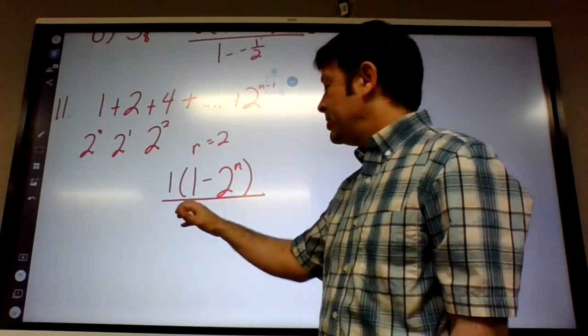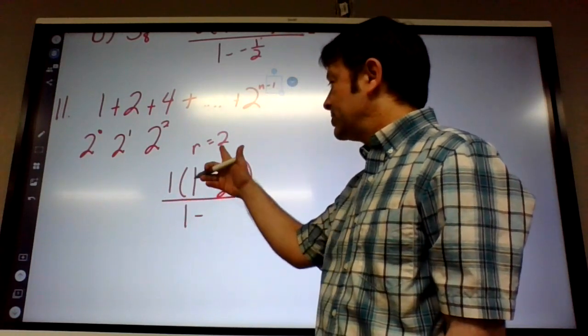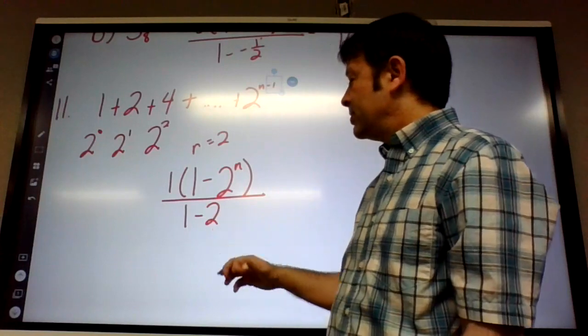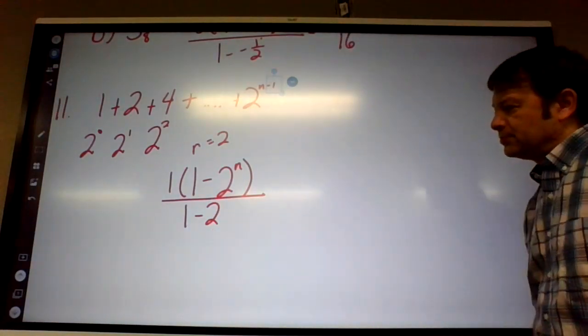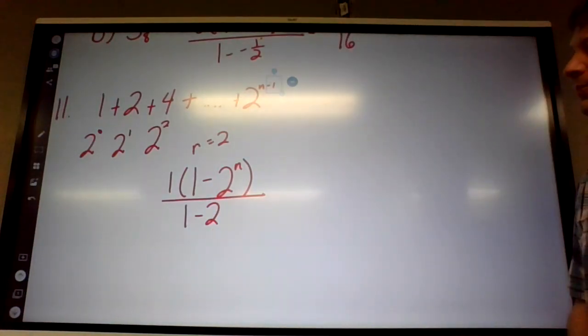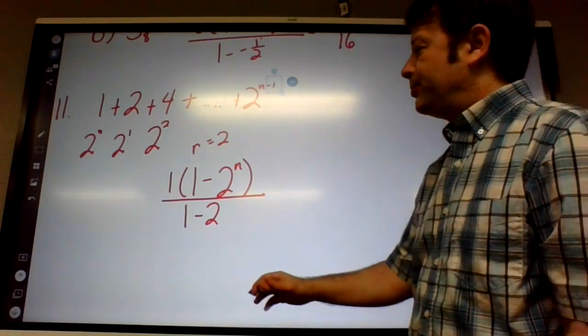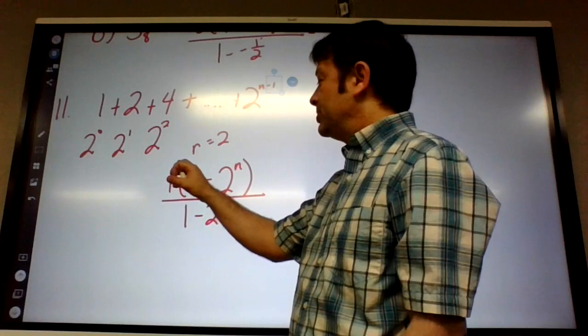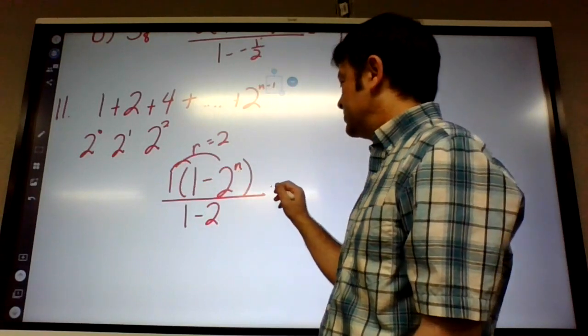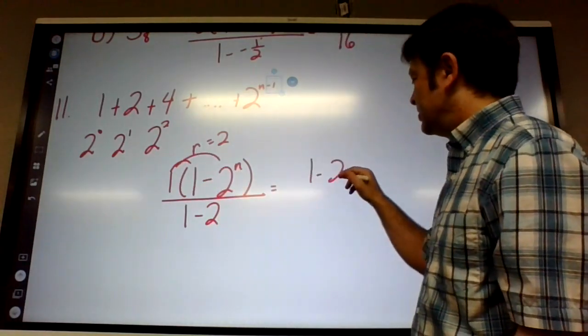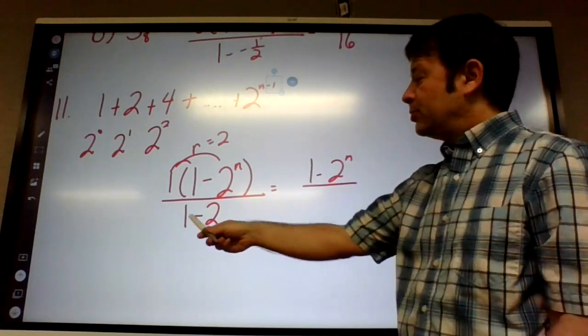And on the bottom, it's 1 minus the common ratio, so that's 1 minus 2. Okay, we can clean this up a little bit. So what's 1 times that stuff? Same. And what's 1 minus 2?